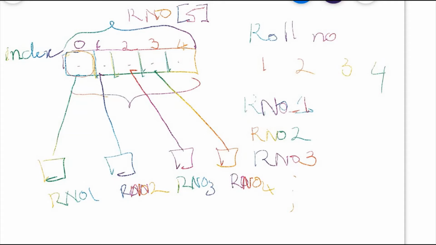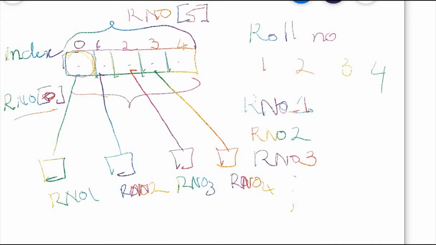Okay. Now let's say I want to access the first element in the array. Then I have to say roll number of 0, so array element 0.